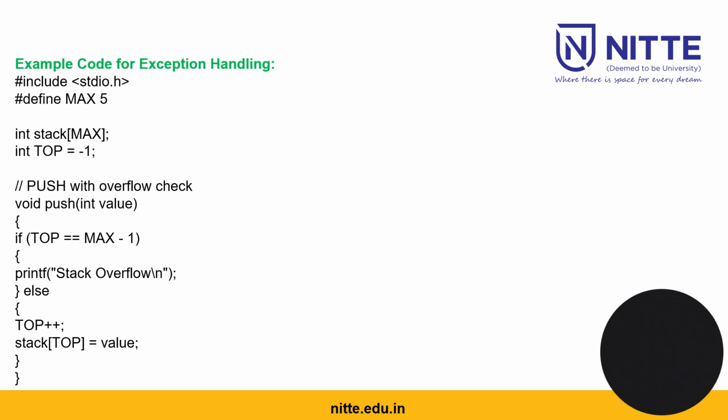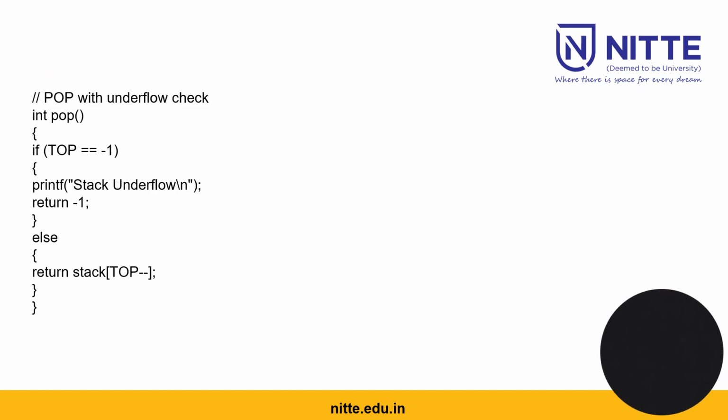So what is that condition? If top is equal to minus 1, then we should stop popping an element from the stack. That is the statement with respect to pop.